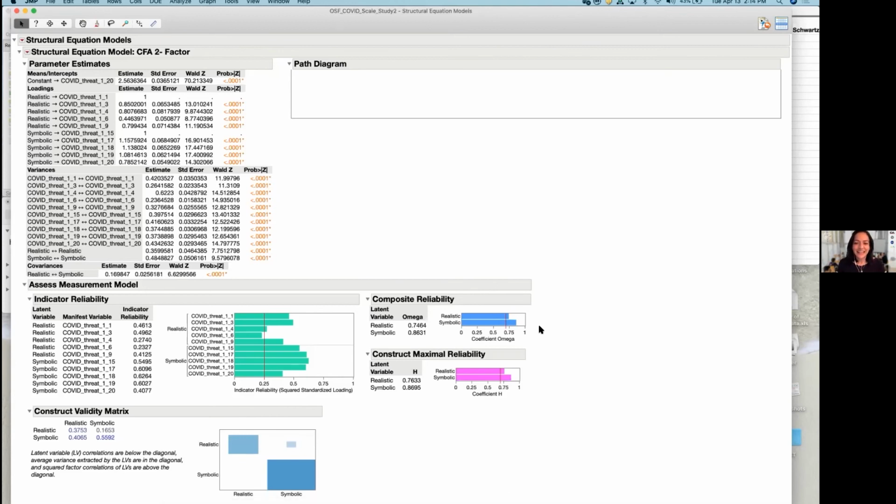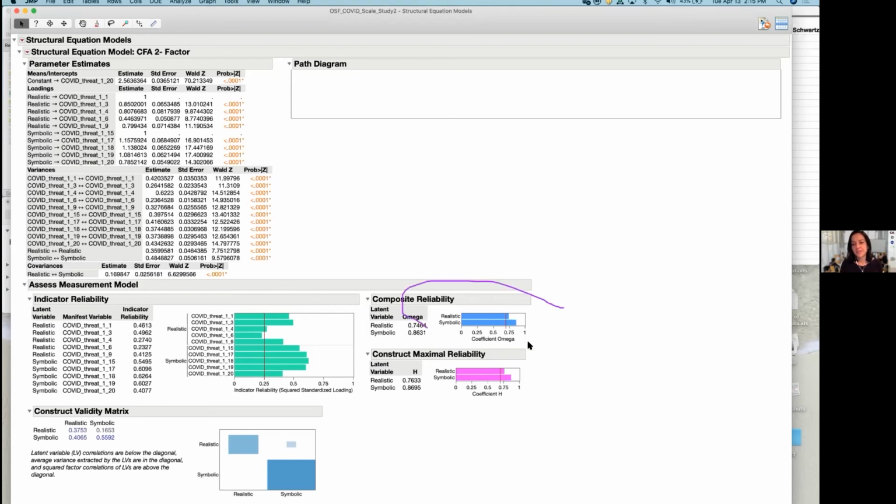Just to be also very clear, the composite reliability is basically how reliable my measurements would be if I were to grab, for example, all of those questions that were the realistic threats, create just an average, and then use that average. How reliable would that average be?